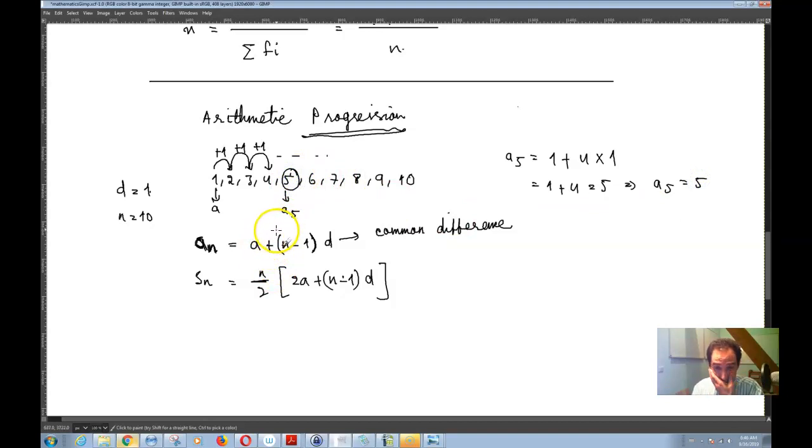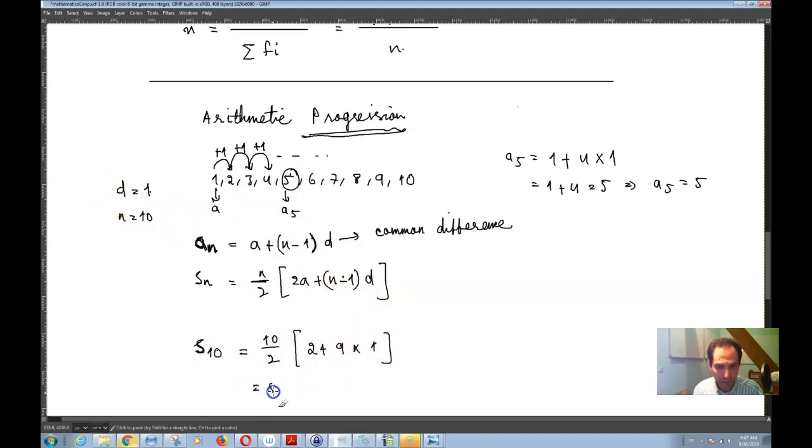Now, of course, if you want to calculate the s of 10 here, that would be the sum of the first n terms in this arithmetic progression. So you can write it as 10 divided by 2 times 2 times a, which is 2 times 1, plus n minus 1, which is 10 minus 1, which is 9, times d, which is equal to 1.